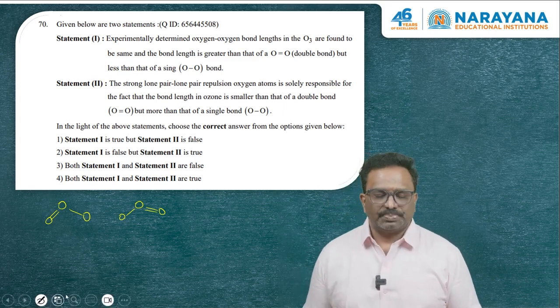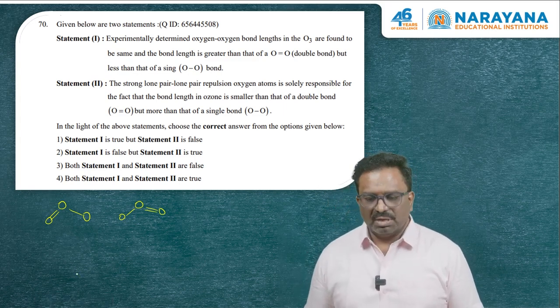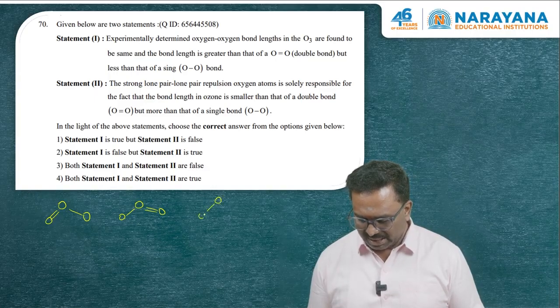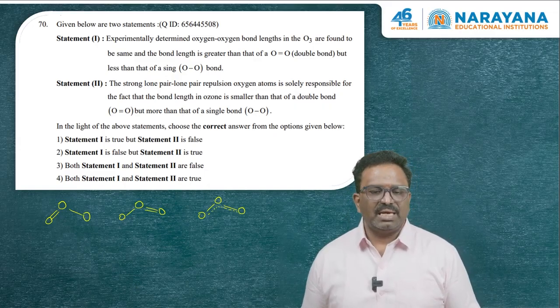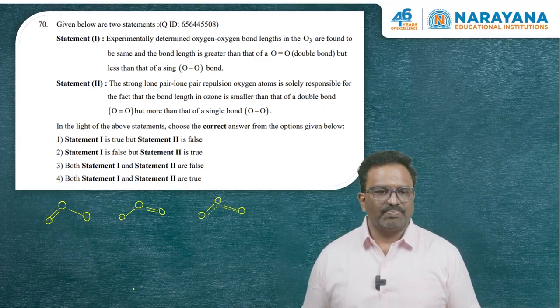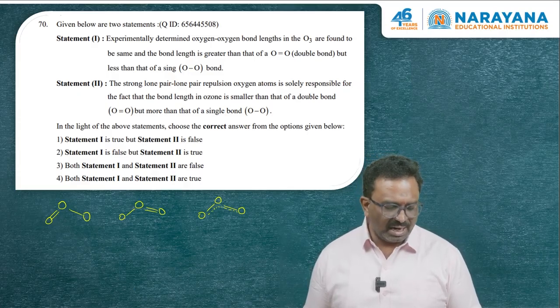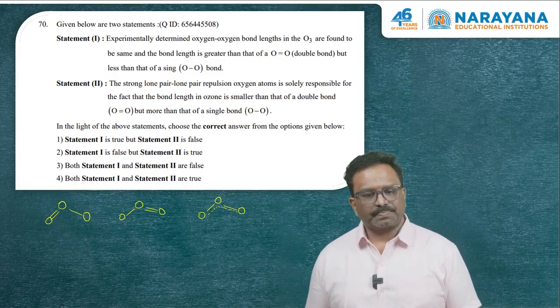Because of that, both bond lengths are a resonance hybrid, both having single bond and double bond character, and the bond length is intermediate between single and double bond length. So statement 1 is correct.